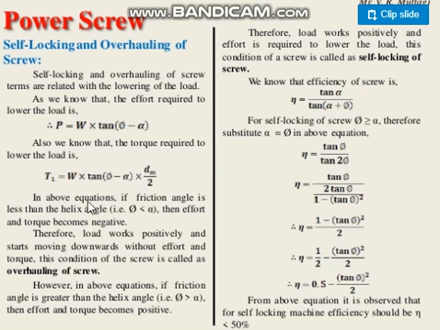In these equations, if the friction angle is less than the helix angle, then the effort and torque become negative. This phi is there, this alpha is there.